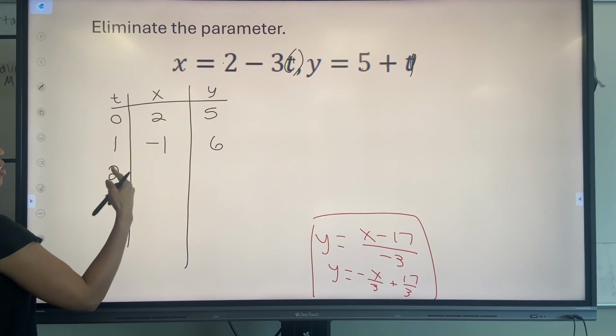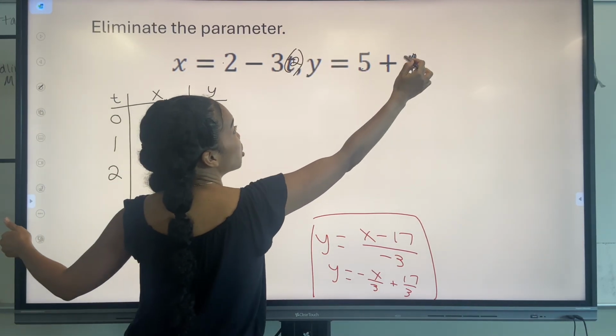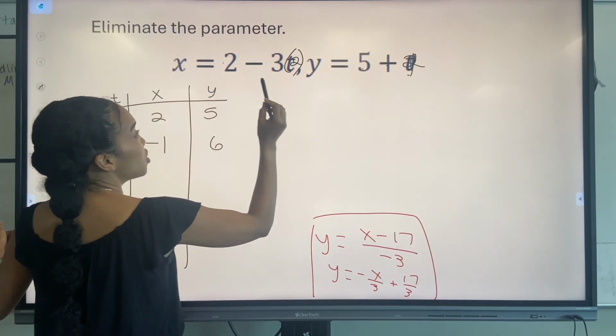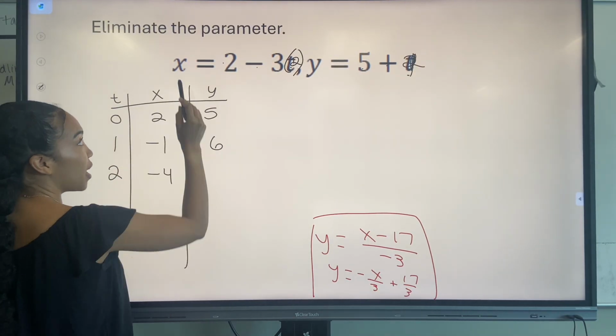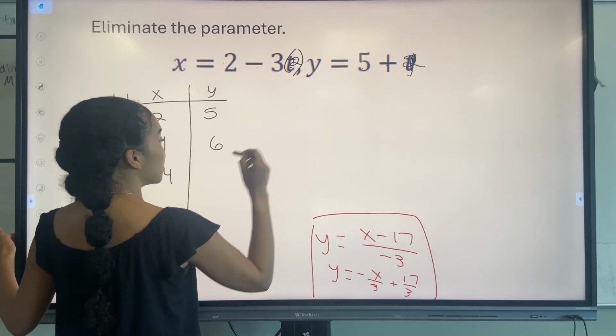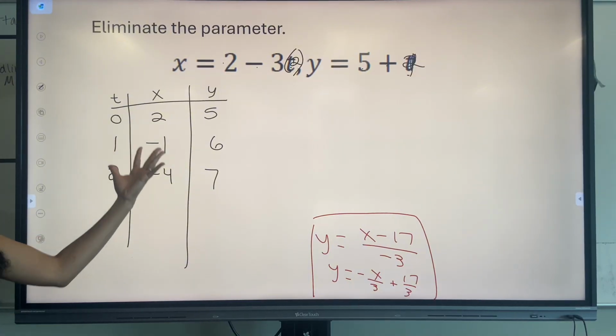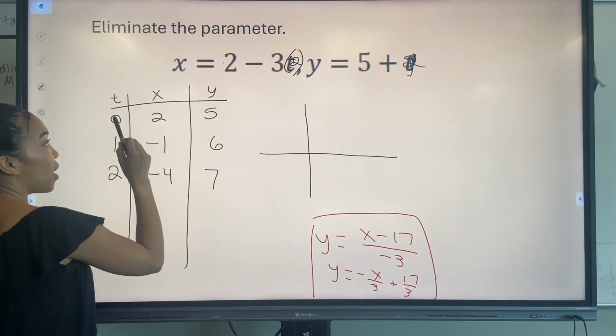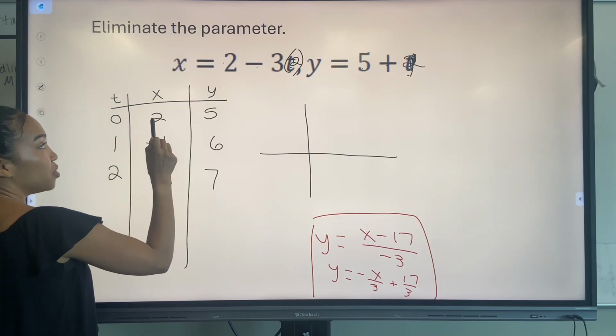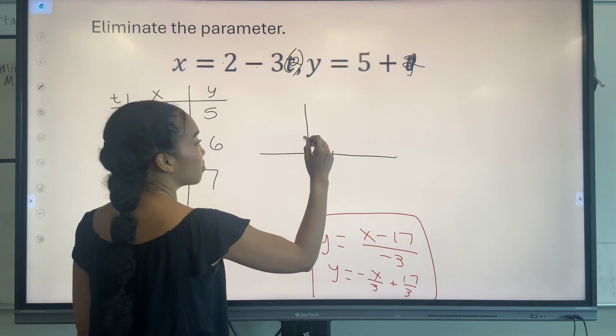At 2 seconds, you'll plug in a 2 here and a 2 here for t. So you get 2 minus 6, which is negative 4 for x. And for y, you get 7. Now you can graph the line that you get. So at time 0, you have the point (2, 5).